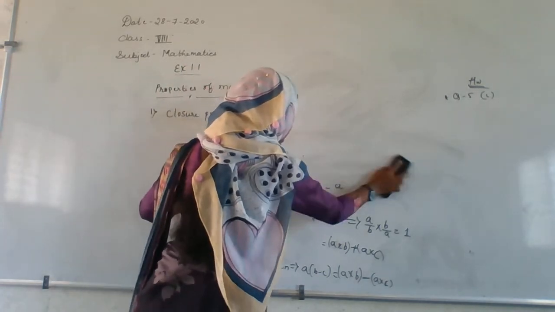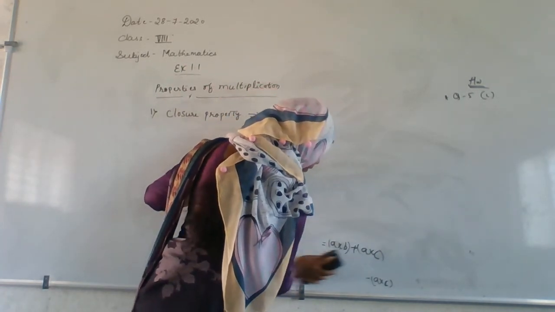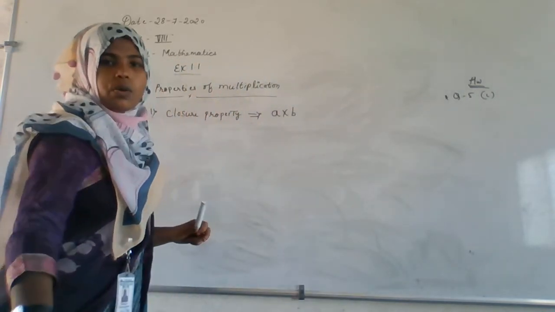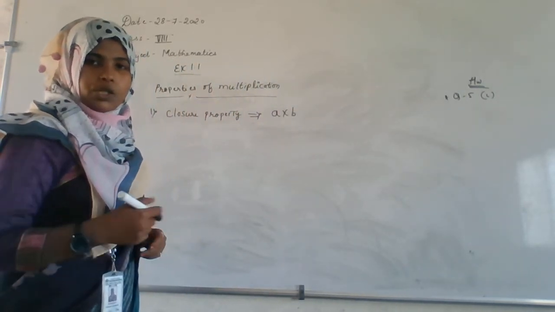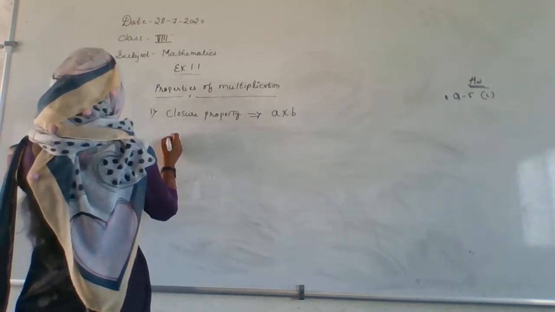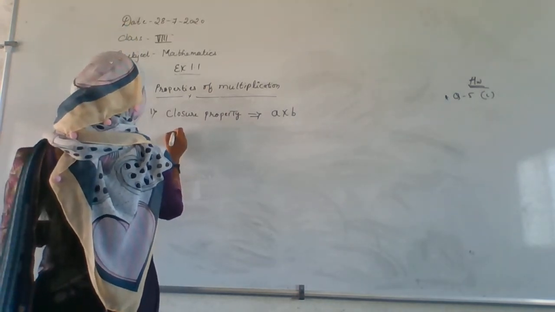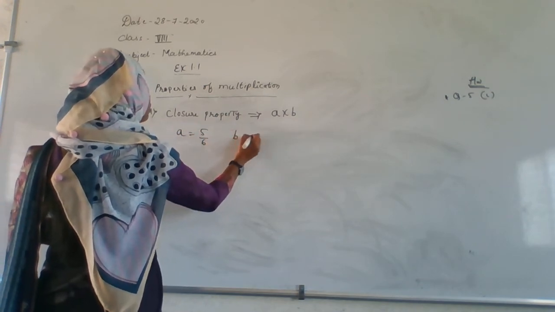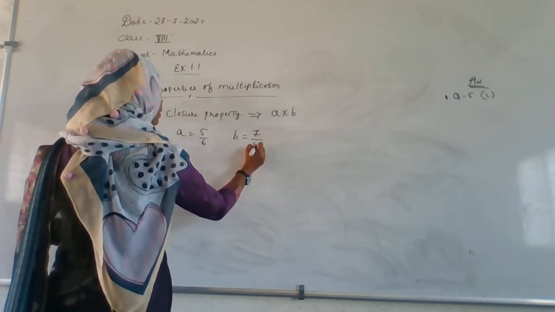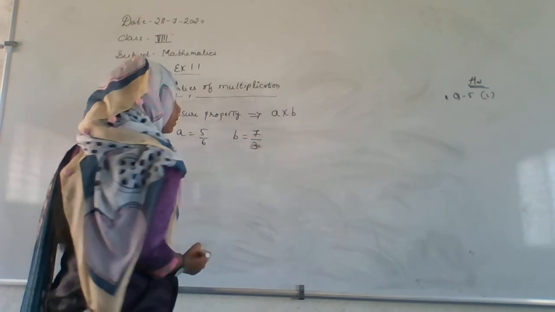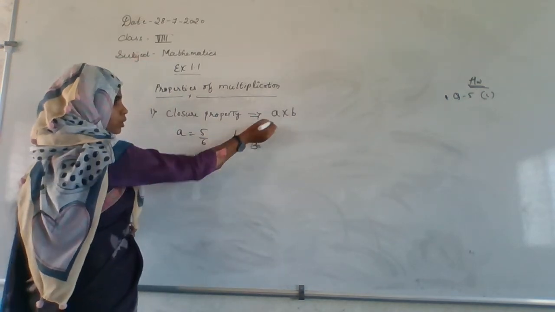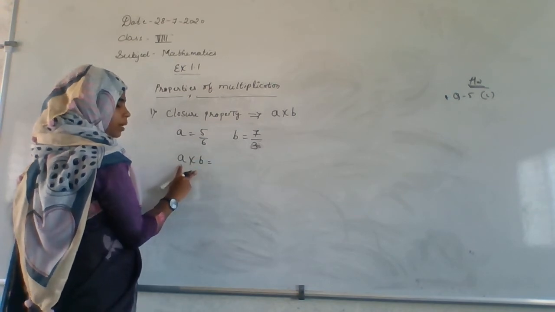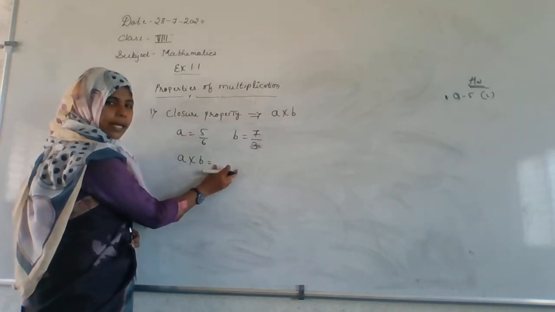The first property says, if you multiply two rational numbers, then again we get a rational number. Now I take A as 5 by 6 and B as 7 by 3. Two rational numbers are multiplied and give us one more rational number.